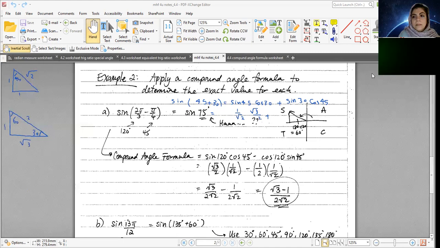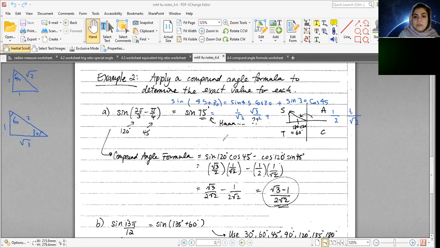Plus sine of 30 is 1 over 2. I'm just putting that here. Multiplied by cosine of 45, adjacent over hypotenuse, 1 over square root of 2. I'm going to put that together.